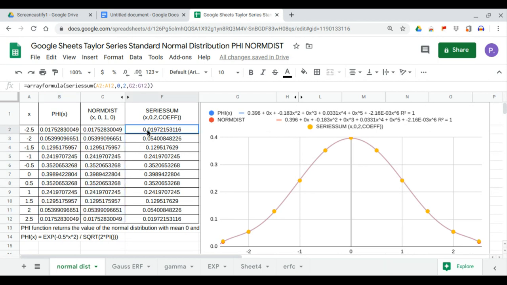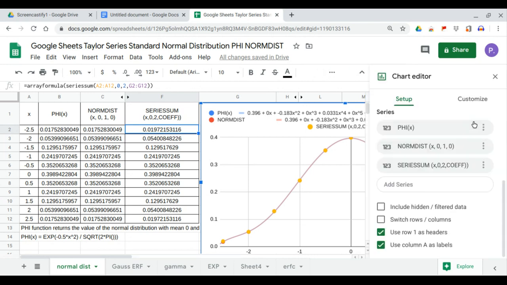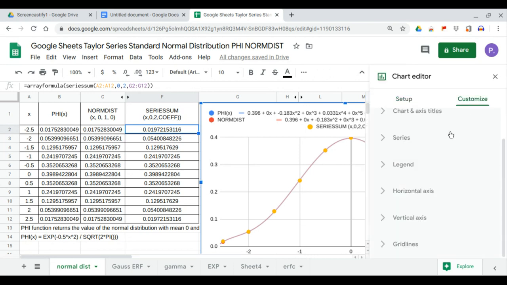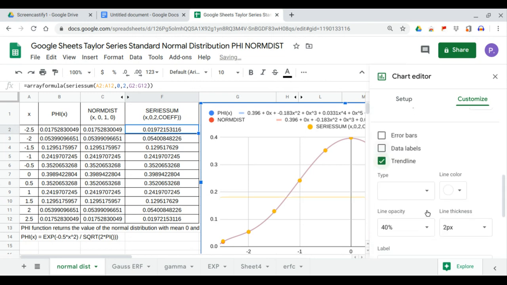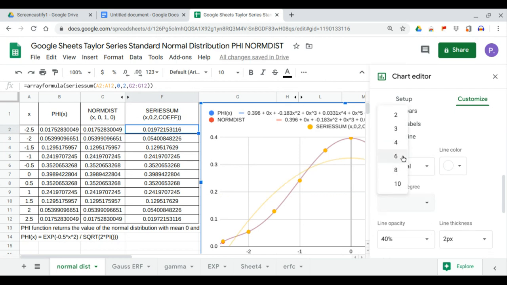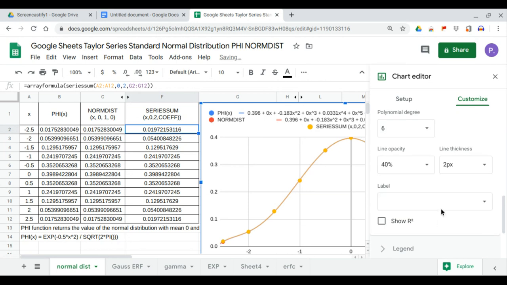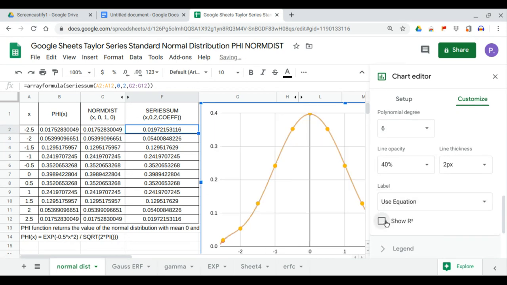Well, this one is the best, a very close approximation to these two. So we'll show the trendline equations, to see if they have the same regression coefficients. Polynomial, same degree, degree 6, and show the equation and the r squared.